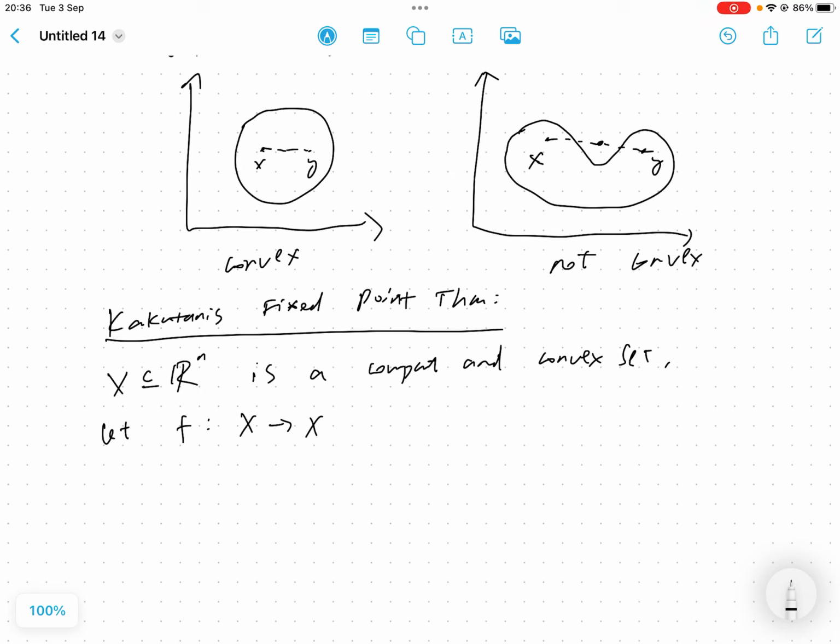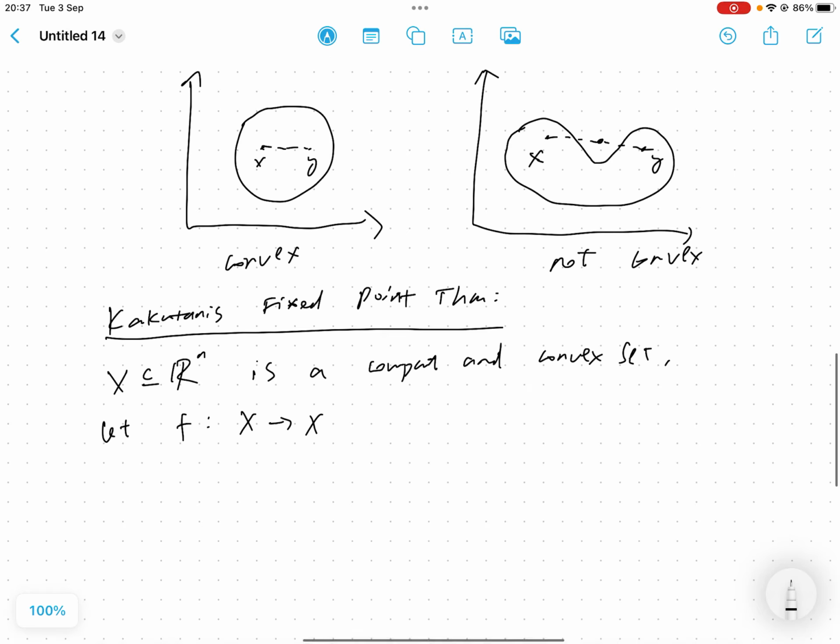So X is both the origin and the destination of this map, and the image space. So this would be a correspondence such that we have two requirements.